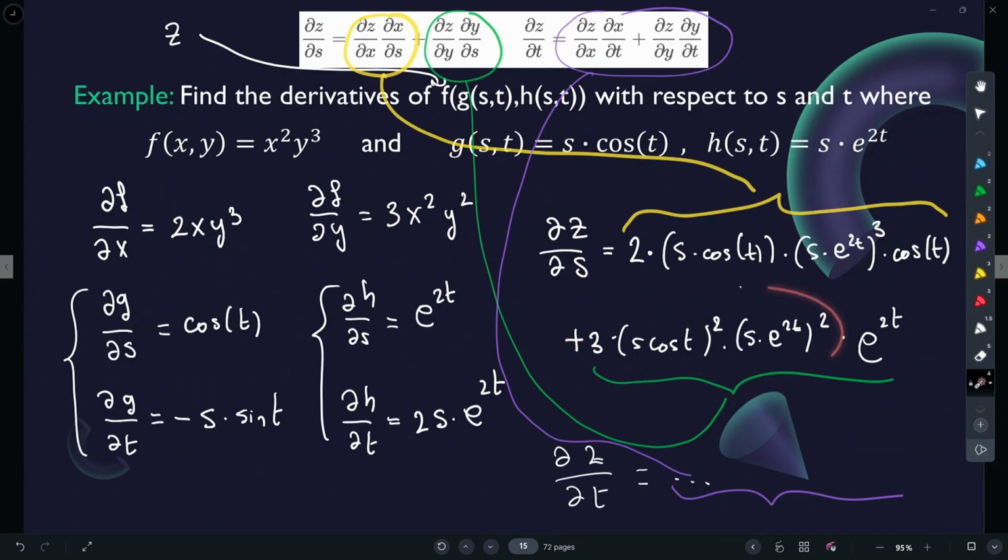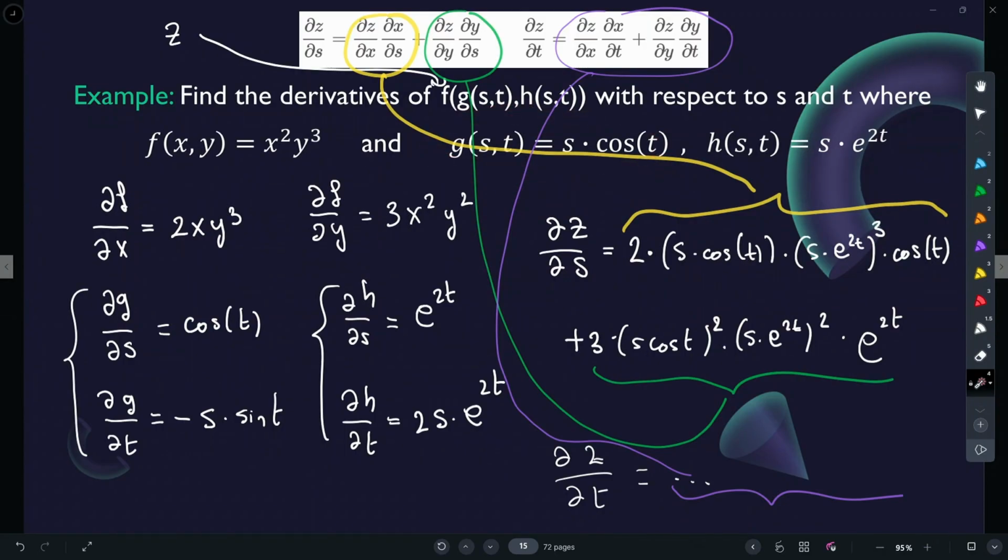So that part is the derivative of z with respect to y evaluated at g and h times the derivative of y. The y corresponds to the new y, this formula for h. So the derivative of h with respect to s. So that's why I did it here, is e to the 2t. So that's the extra factor that corresponds to the g prime of t at the end of the old chain rule. This cosine t is the derivative, this corresponds to this, is the derivative of x.